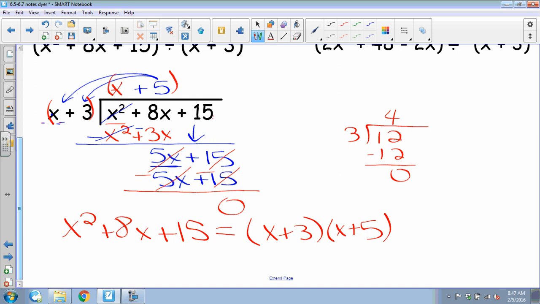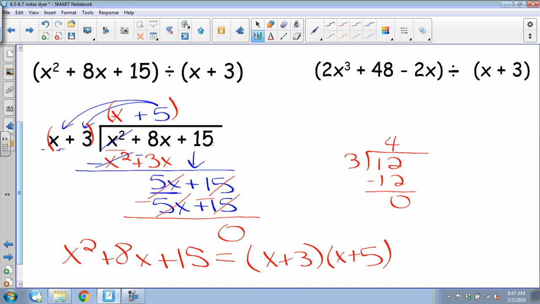But I don't want you to forget that what you're dividing by is your first factor. If the remainder is 0, that is your first factor. Your answer is the other factor. So we're not trying to get the solutions at the bottom, negative 3, negative 5. Right now we're just trying to factor this using regular long division.